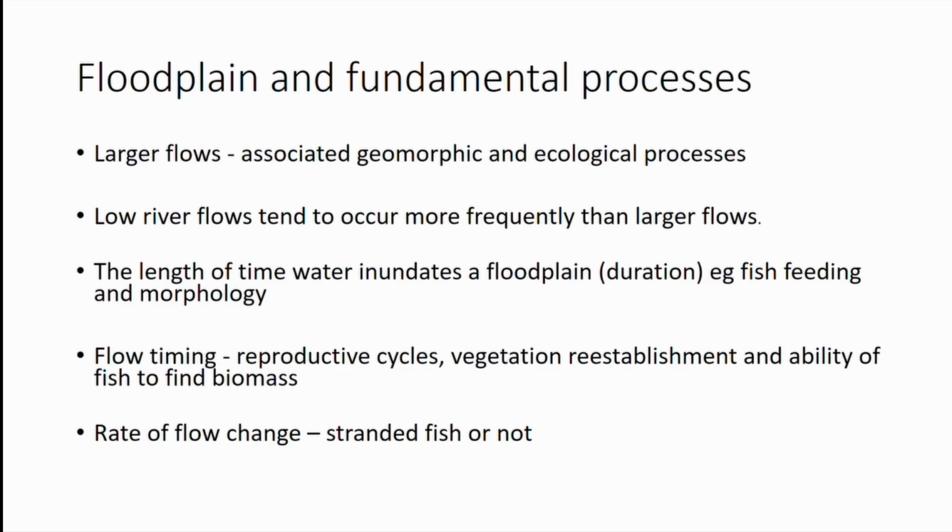Now, if there is, let's say, a dam or a reservoir upstream of a river and the flow is being regulated, then you have the timing of the flow not the same, and such fluctuations within the flow can influence the reproductive cycles of organisms living in the river and the floodplain, or the establishment of vegetations or ability for the organisms to find food.